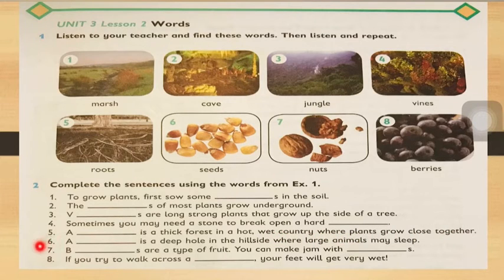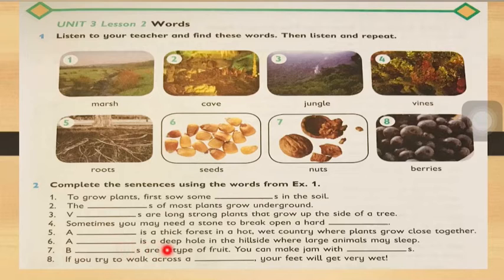Number 6. A dash is a deep hole in the hillside where large animals may sleep. Now, it's understood where large animals may sleep. A hole in the hillside, what is this? Cave. Now, number 7.